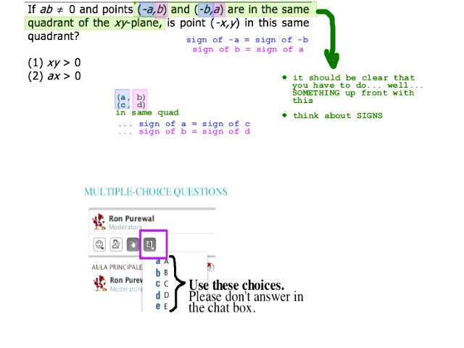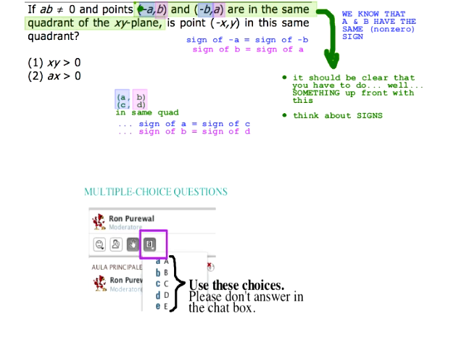So we know that the sign of B is the same as the sign of A. So we can cross off this horrible phrasing and just say, we know that A and B have the same sign. And it's the same non-zero sign.